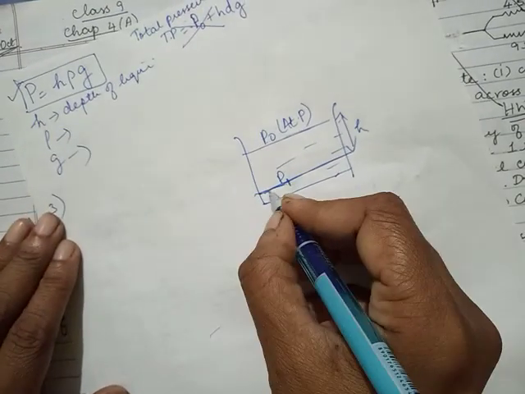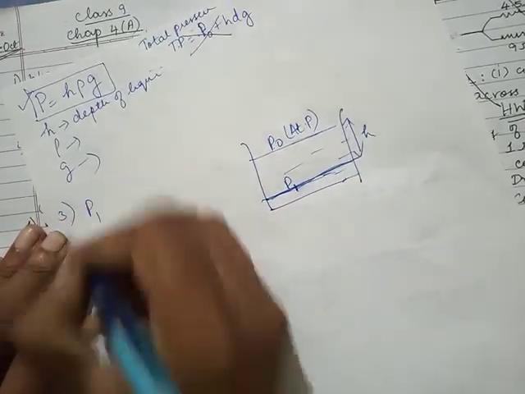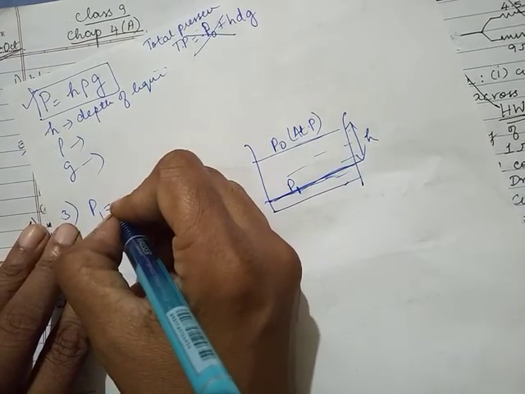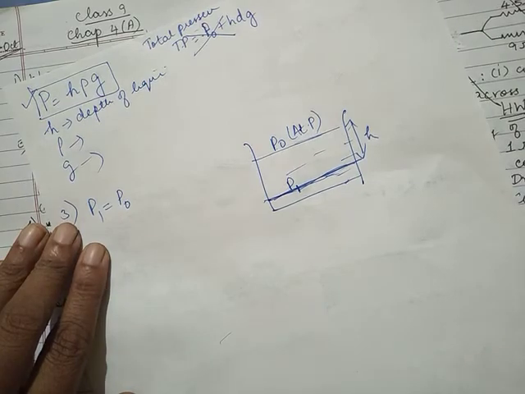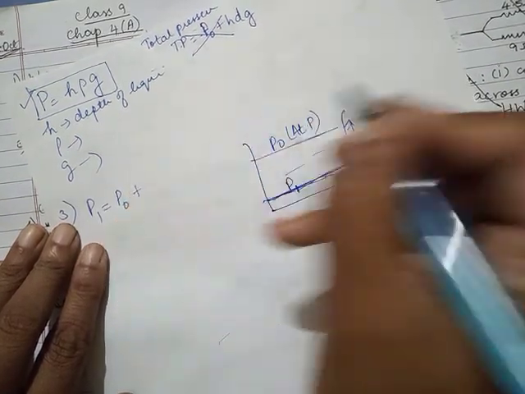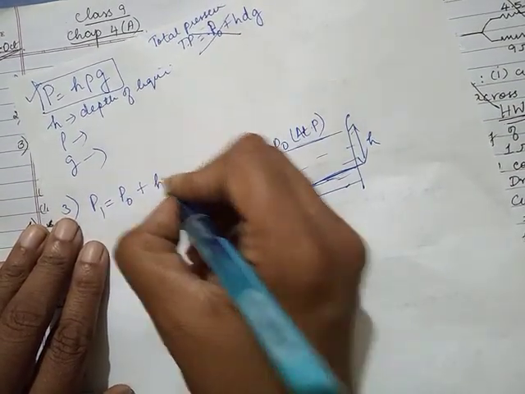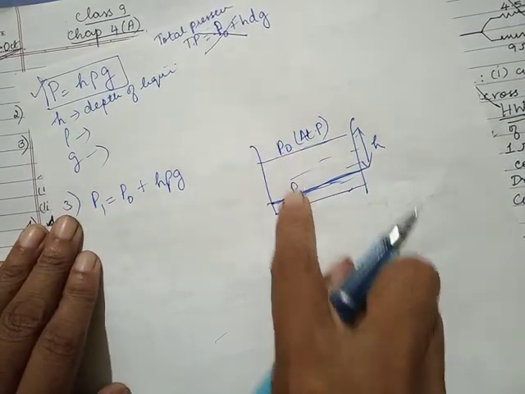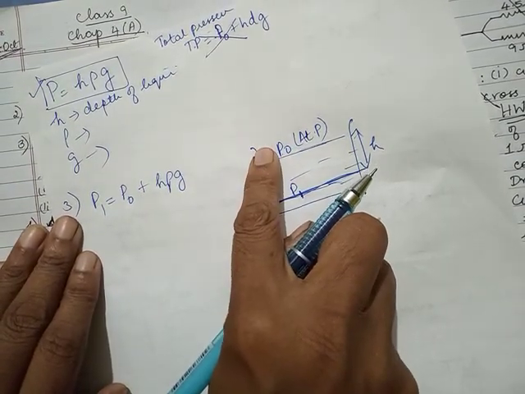So the total pressure P1, here they are talking about total pressure, P1 is equal to P naught plus h rho g. Because they have asked how they are related, you have to include the atmospheric pressure term also.